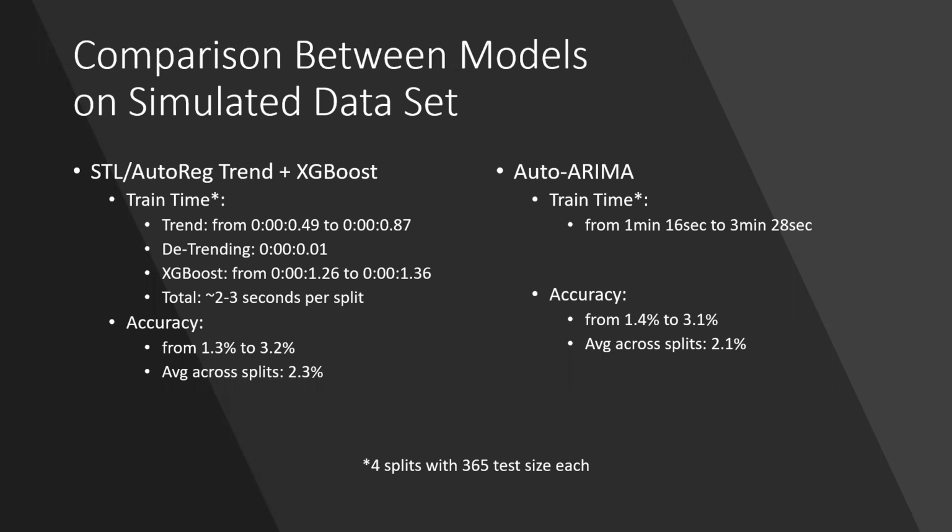The real big benefit of this XGBoost tree-based approach is you can build these and they can train in a couple seconds. So if you need to train dozens or hundreds of models, it really becomes scalable with that amount of time to train.